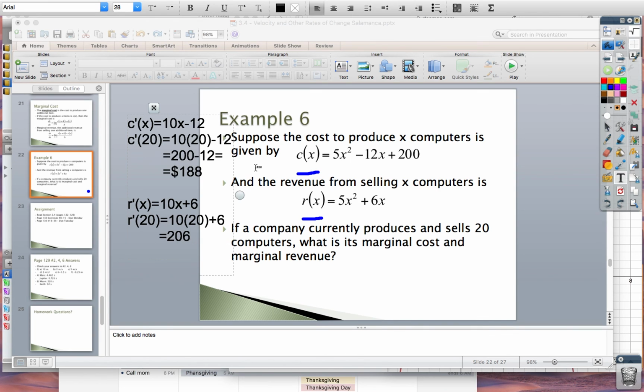So just an added bonus, if we wanted to find the profit from producing and making one more, you're really only looking at $18. $18 difference.